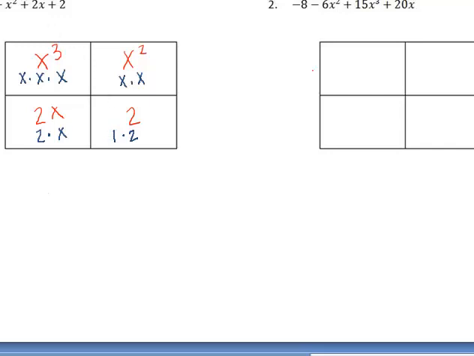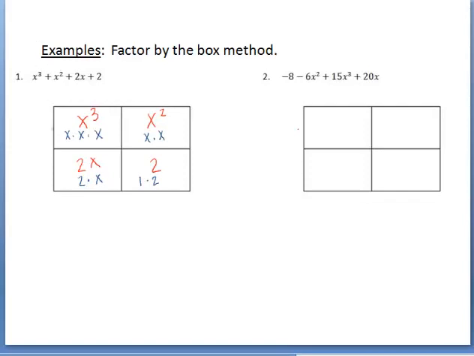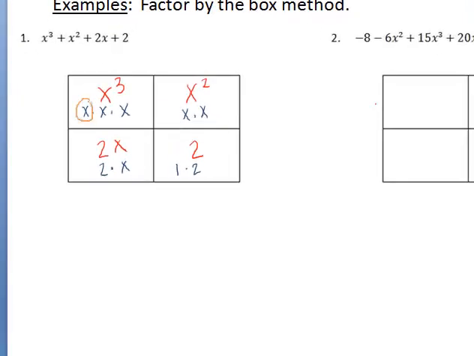Alright, so what you're going to do is factor out in the column. So in this first column, I've got x to the third and I have 2x. Well, they have an x in common in each one of them, so I'm going to factor that out to this first column. In my second column, the first thing you're going to look at is the sign of this first term.